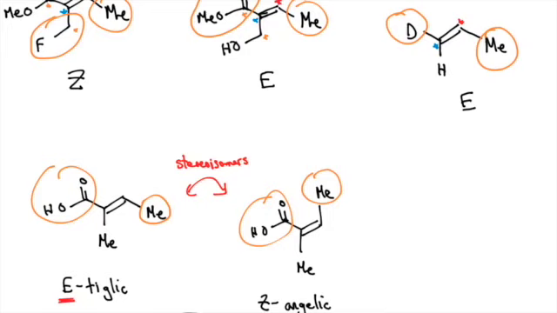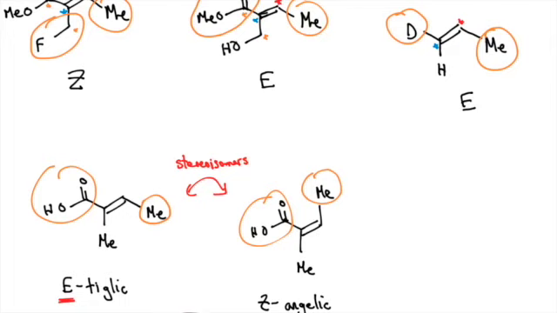So stereoisomer is sort of the bigger umbrella, and underneath stereoisomer is a smaller umbrella called geometric isomers. And this geometric isomer class is a class of stereoisomers known as diastereomers. And we'll get to that term diastereomer in the next chapter on stereochemistry.